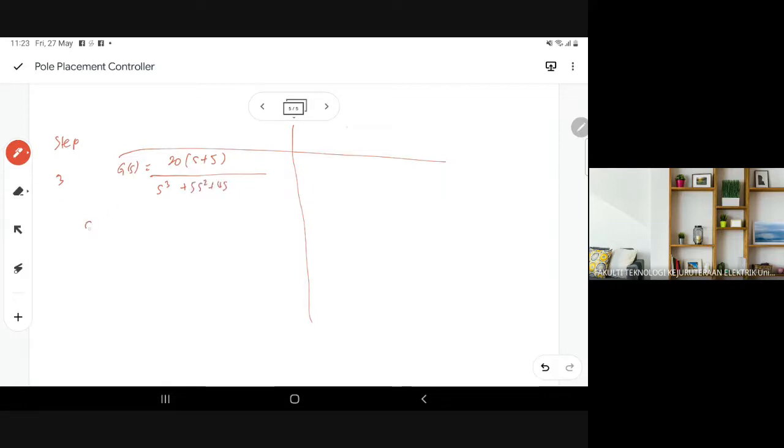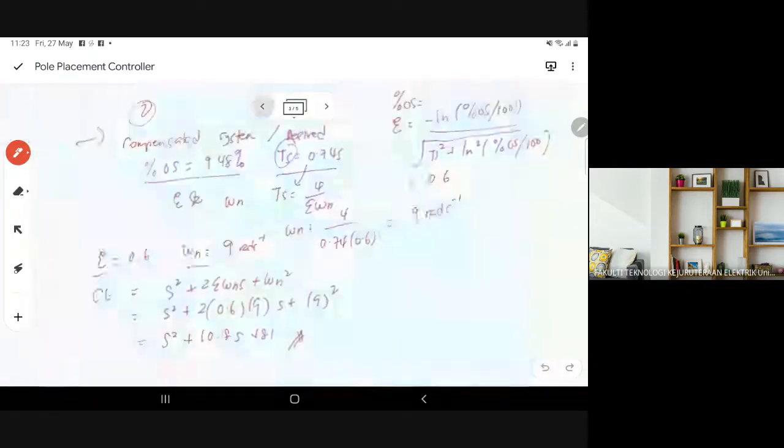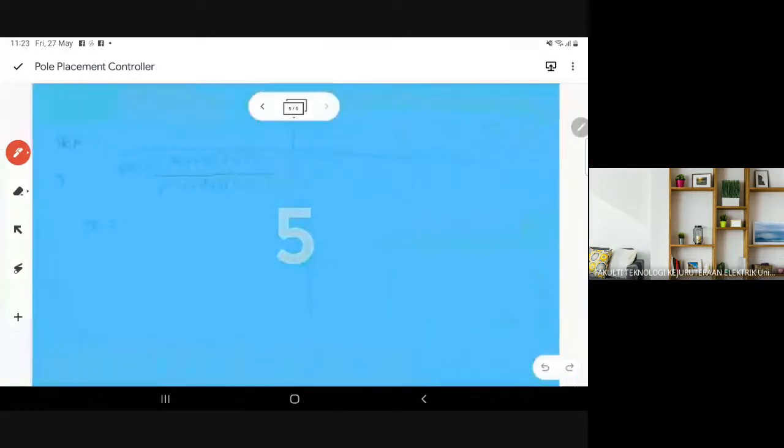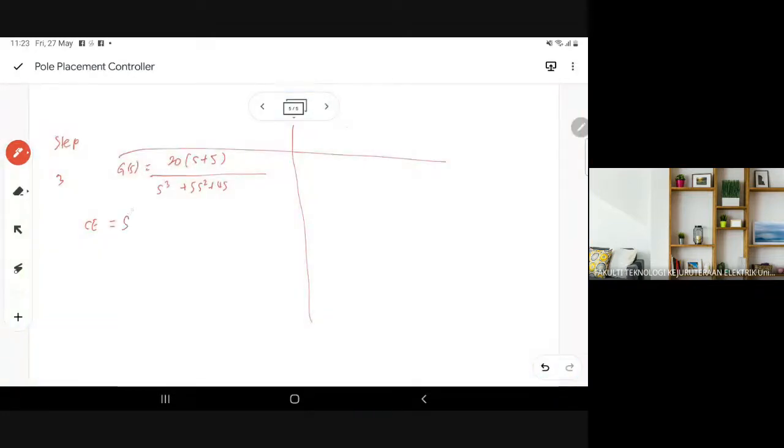So the characteristic equation, when you apply the pole placement, you obtain s cubed plus (k3 plus 5) s squared plus (k2 plus 4) s plus k1.